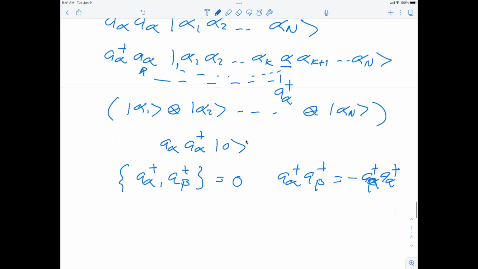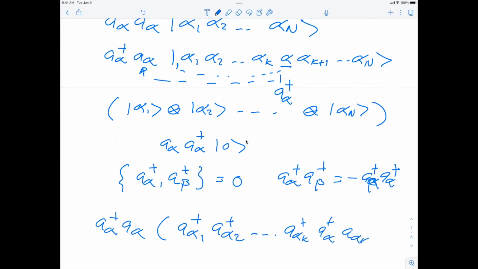So what I want, I'm just going to rewrite it. I'm going to have an A alpha here. And now I'm writing out the full state in terms of the creation operators. And then in here, there is an A alpha k dagger, and now I have my A alpha here, and then I have my A alpha k plus 1 dagger, etc. And this is acting on 0.